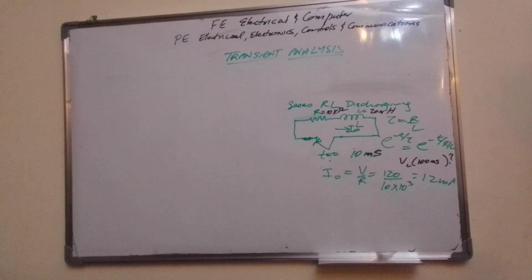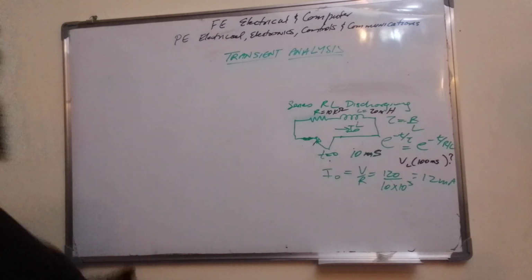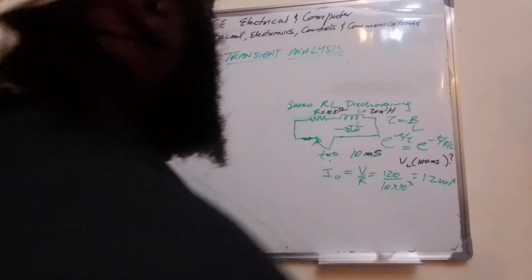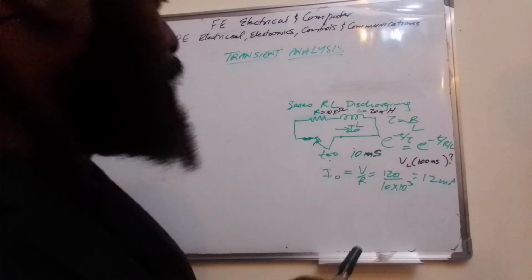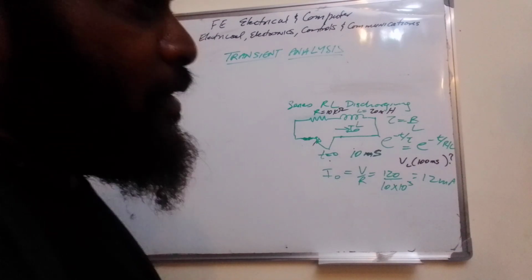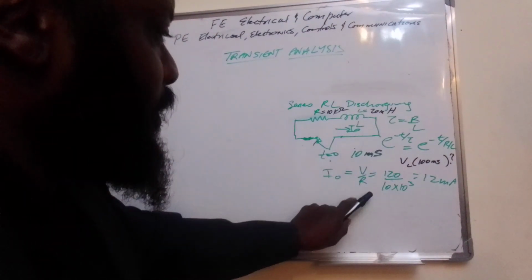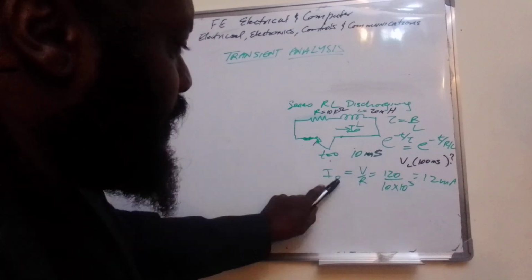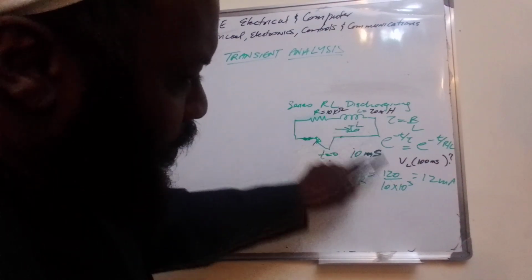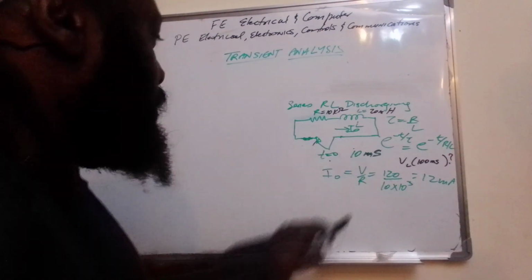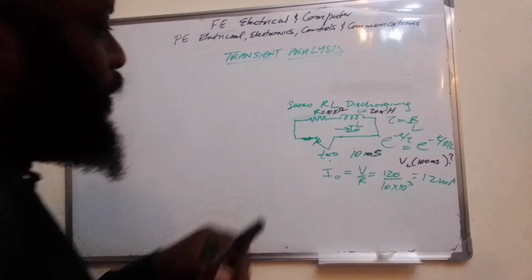Okay, welcome back. So we got rid of the charging situation. Now we look at the discharging situation, but this time I want to see what happens 10 milliseconds into the discharge. Say a maximum initial current in the inductor of 12 milliamps. We're going to assume maximum current flow, right?